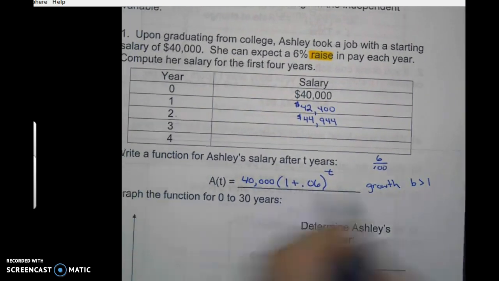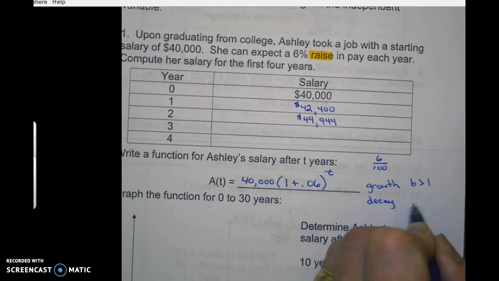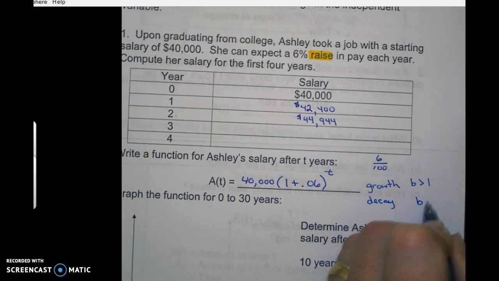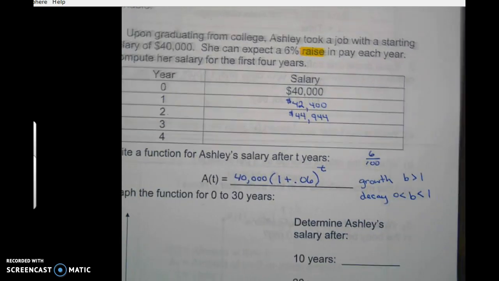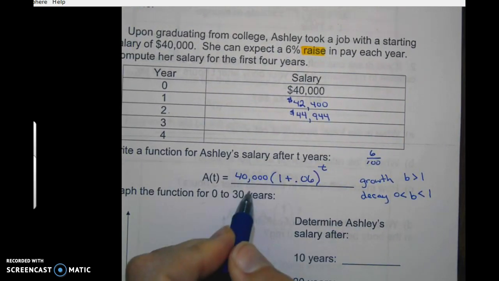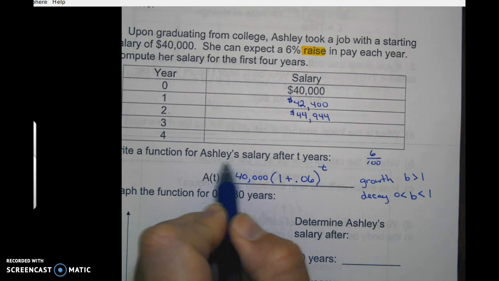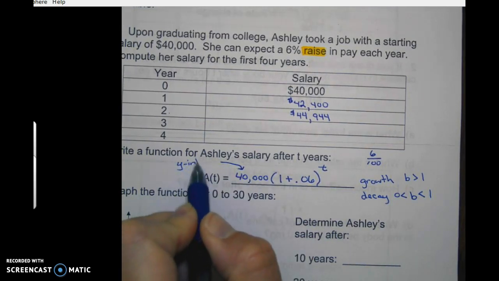For it to be a decay, and this is stuff you've probably learned in Algebra 1, the base is going to be greater than 0 but less than 1. And remember, when you're in this format, this number right here, when you're graphing, is your y-intercept.